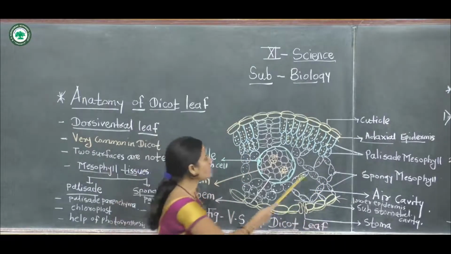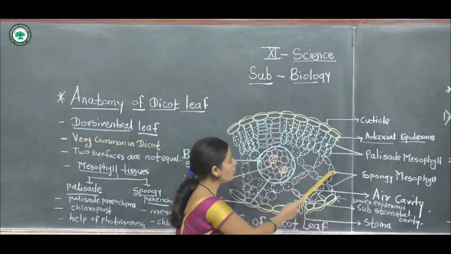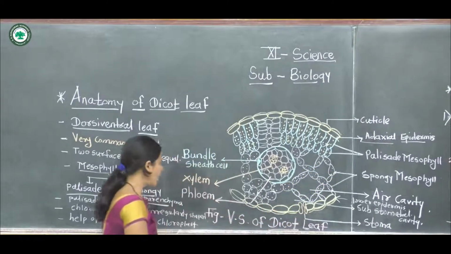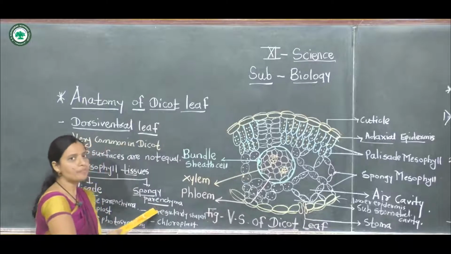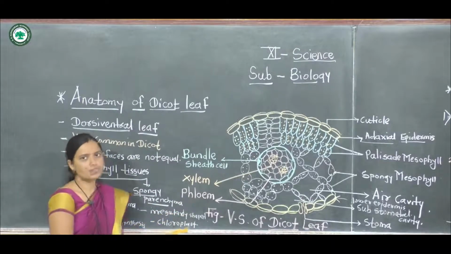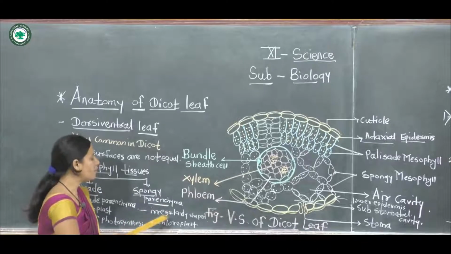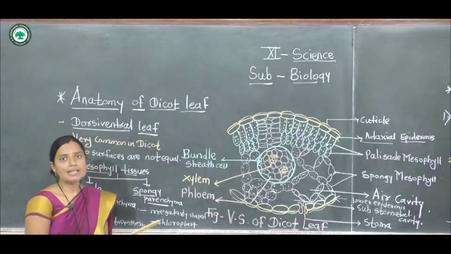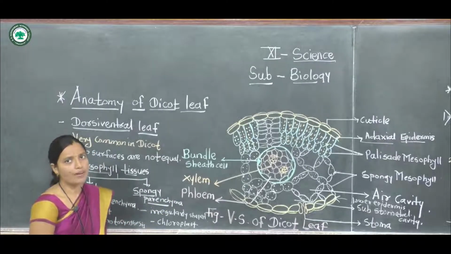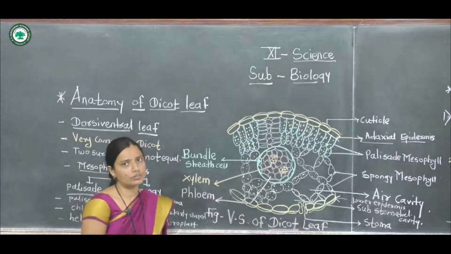These spongy parenchyma cells, with their irregular shape, also contain chloroplasts, and chloroplast is important for photosynthesis.